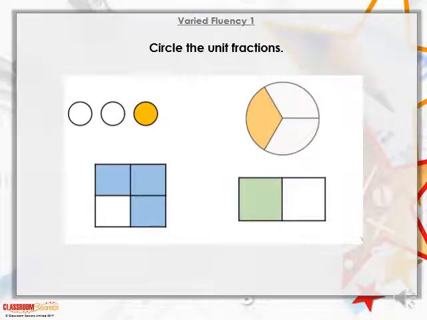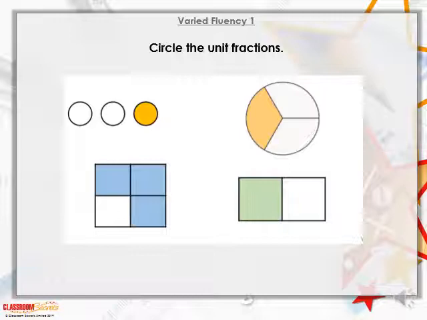So time to put that new vocabulary to the test. Remember that a unit fraction is when the numerator is 1 and the denominator is a whole number. I'd like you to have a look at the images on the board, and I want you to circle the images that show a unit fraction.